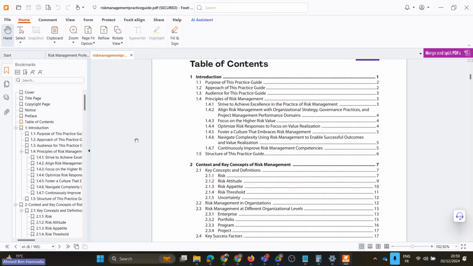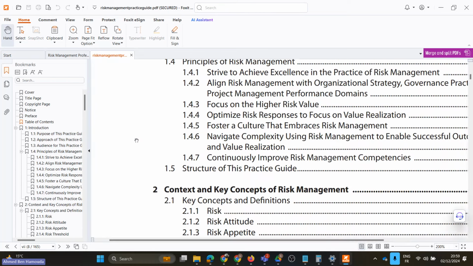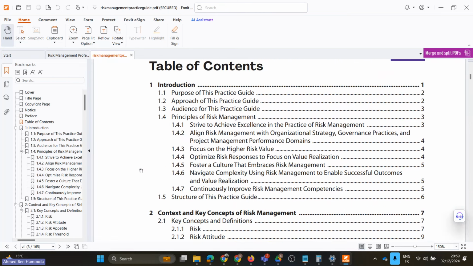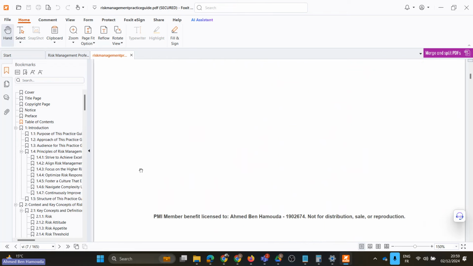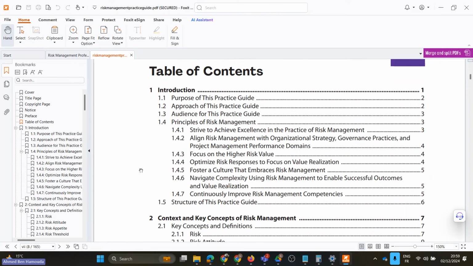I just want to share the table of contents with you. Actually, we will not go through the guide itself because it contains 165 pages. It's not that big, to be honest, and it's very helpful. If you're preparing for your RMP certification, reading this guide is really quite helpful.